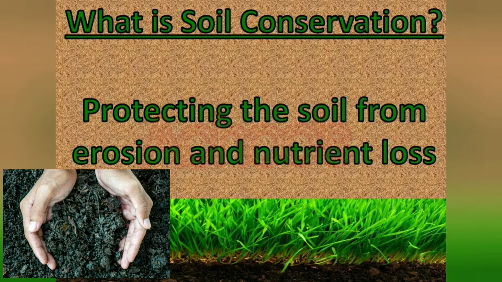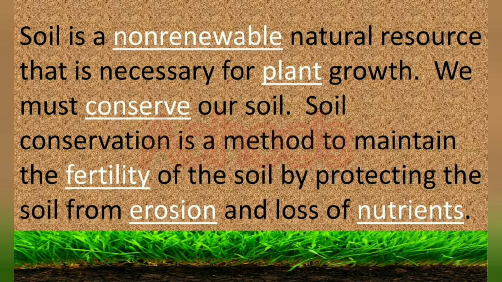So, in simple words, we can say protecting the soil from erosion and nutrient loss is called soil conservation. So, then why do we need to conserve soil? Soil is a non-renewable natural resource that is necessary for plant growth, as we all know that, right? So we must conserve our soil.